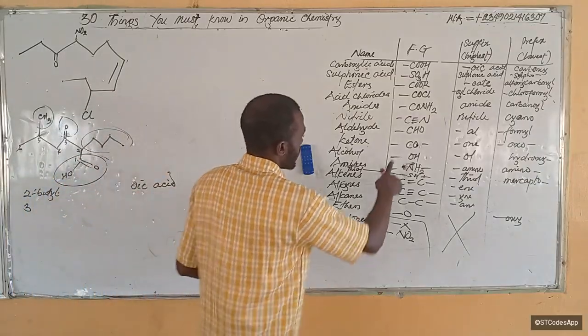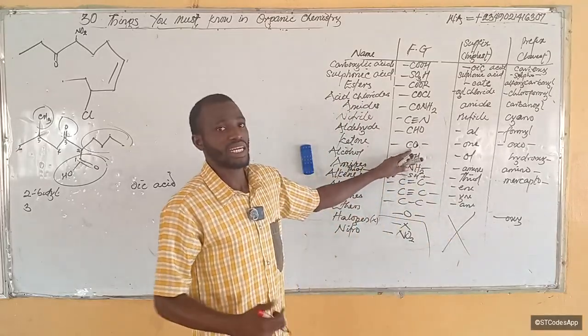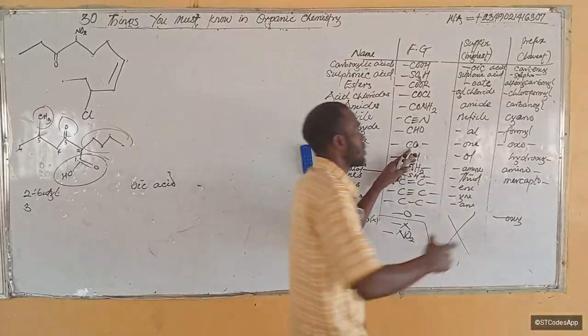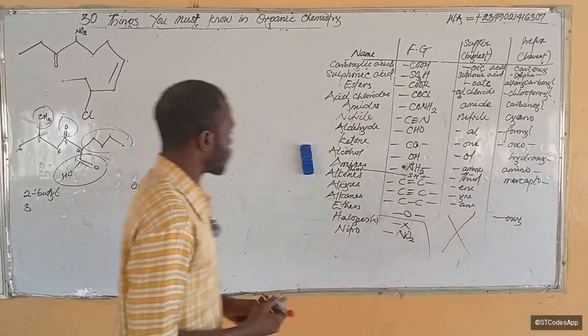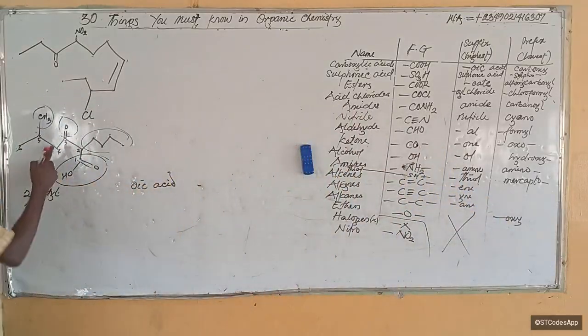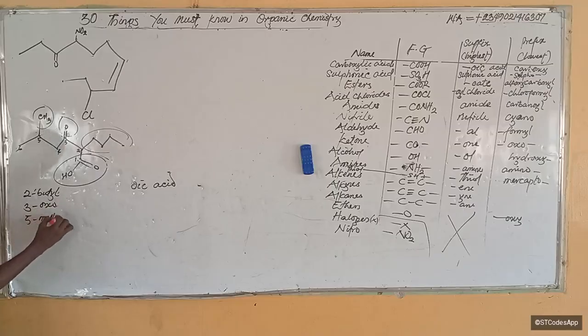C double bond O. Now you have C double bond O being a substituent rather than a functional group. It will be a prefix. It has lowest priority, so that will be oxo. So this becomes 3-oxo, and 5-methyl.